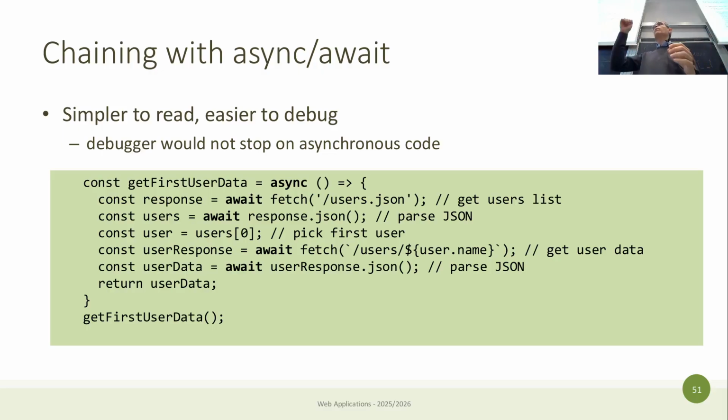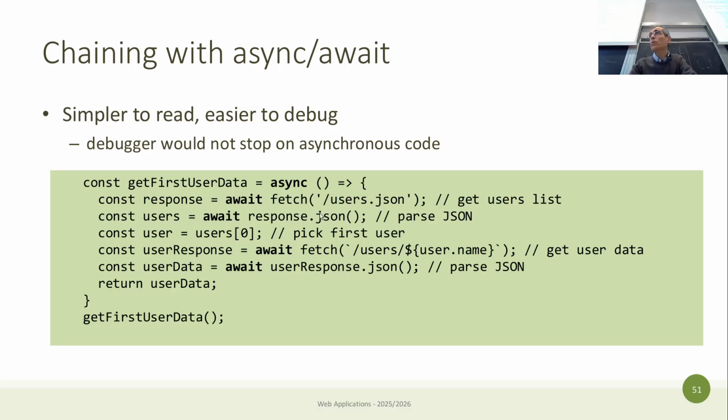One way is to use the .then syntax, and the other way is to await. Okay? Await fetch a certain URL, and you get a response. And the response is an object, and you will see that often this object has a certain set of methods.